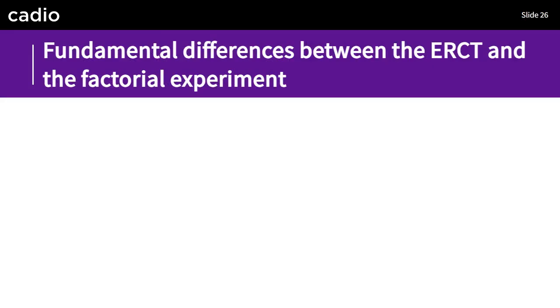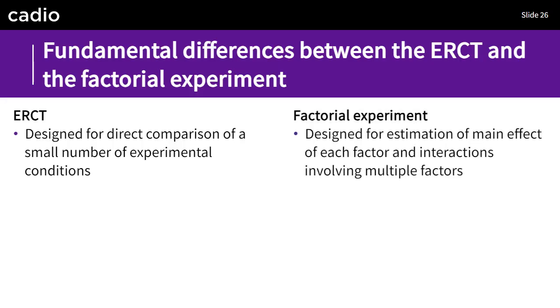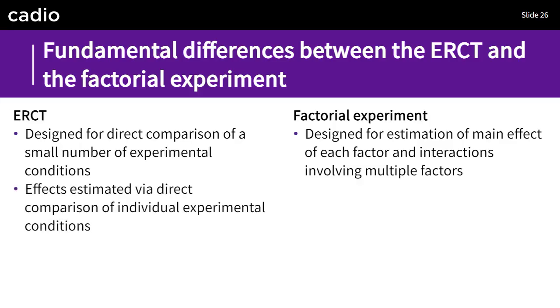Let's review some fundamental differences between the ERCT and the factorial experiment. The ERCT was designed for direct comparison of a relatively small number of experimental conditions, whereas the factorial experiment was designed for estimation of the main effect of each factor and interactions involving two or more factors. In the ERCT, effects are estimated via direct comparison of individual experimental conditions.